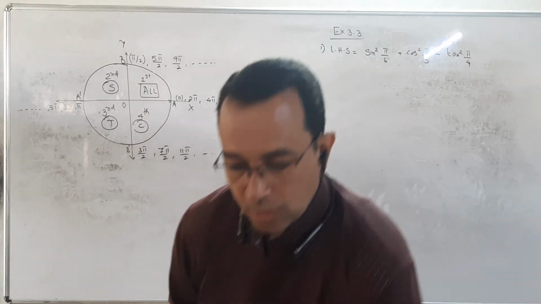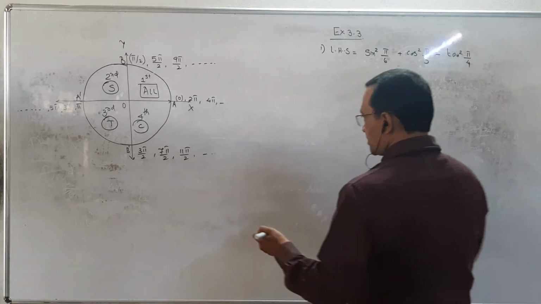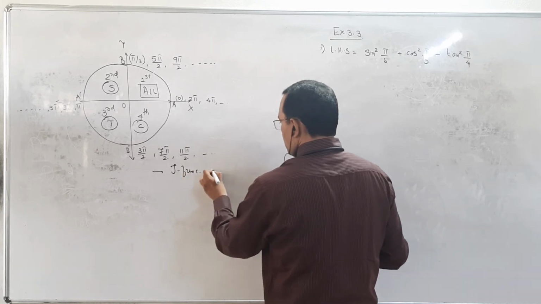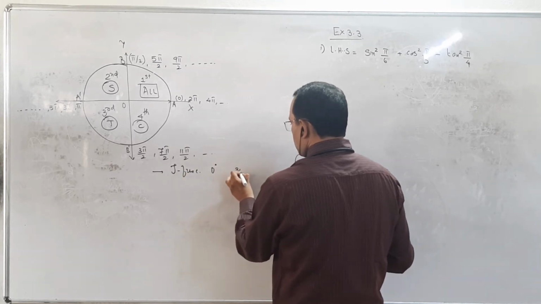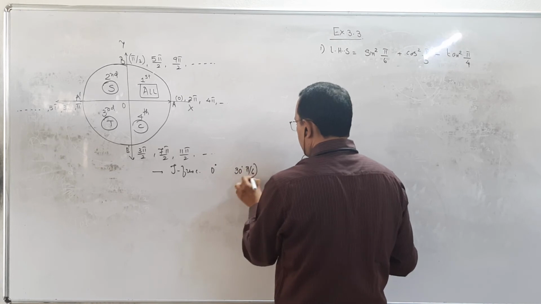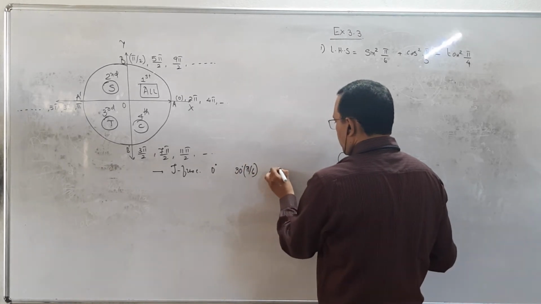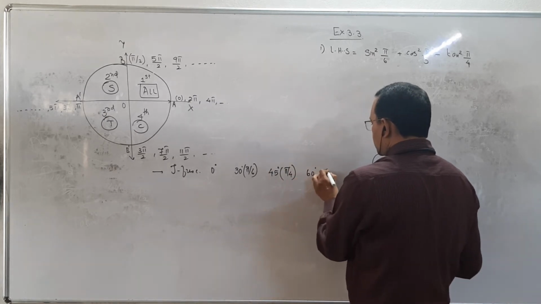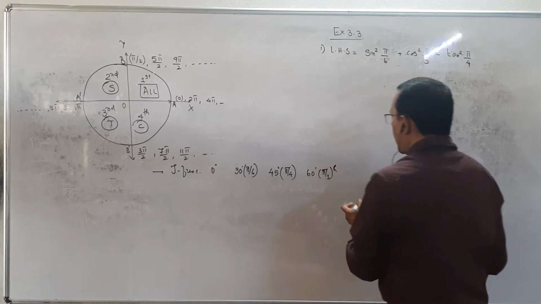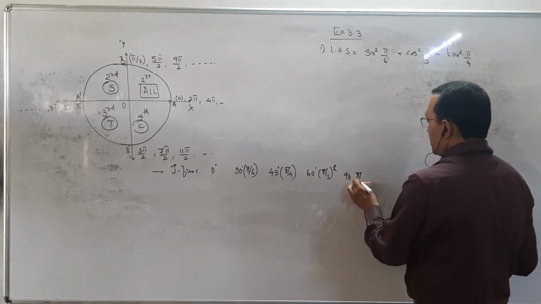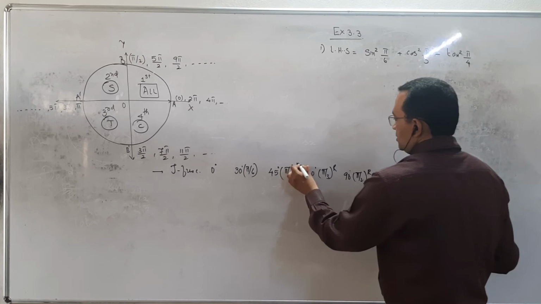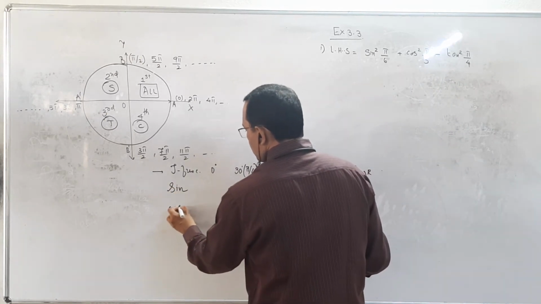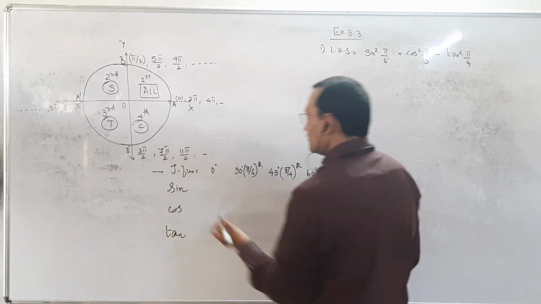This table of values which I am showing here: the functions at 0 degree, 30 degree is pi by 6 radian, 45 degree is pi by 4 radian, 60 degree is pi by 3 radian, and 90 degree is pi by 2 radian. This all you know. We have to remember three values: sine, cos, and tan. Remaining we can easily derive.